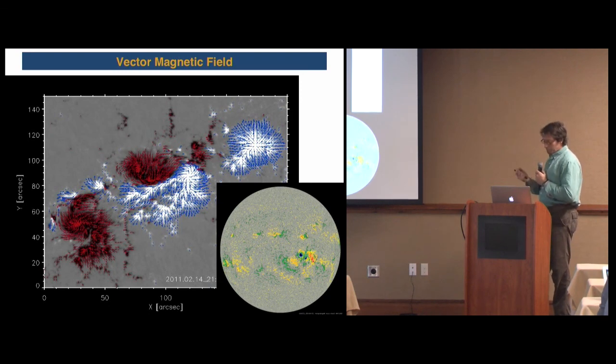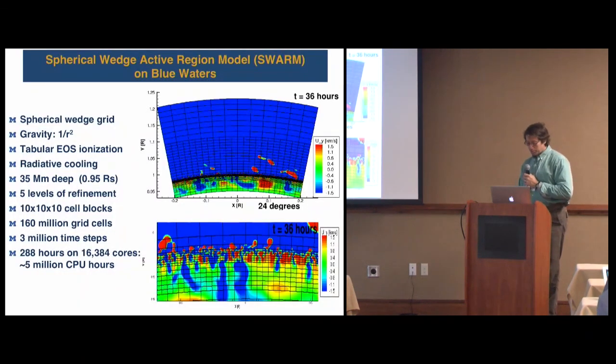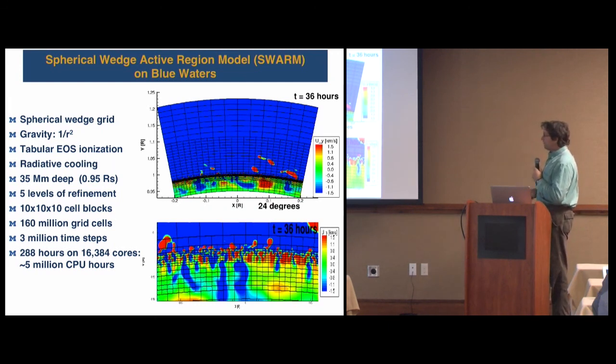And so there's very, very small length scales associated with the pressure scale height and the structure of this active region. At the same time, the distance of this is several hundred megameters across. And so it requires extremely high numerical resolution. So we developed a spherical wedge active region model with, this is the physics that we incorporate.